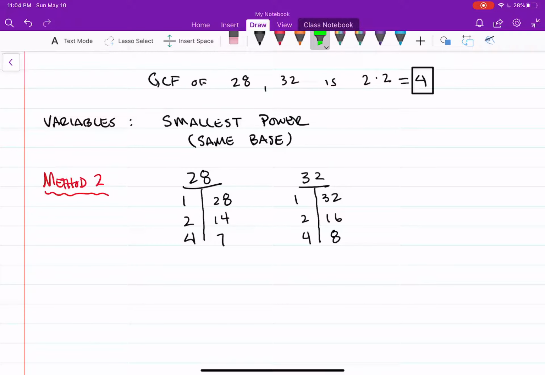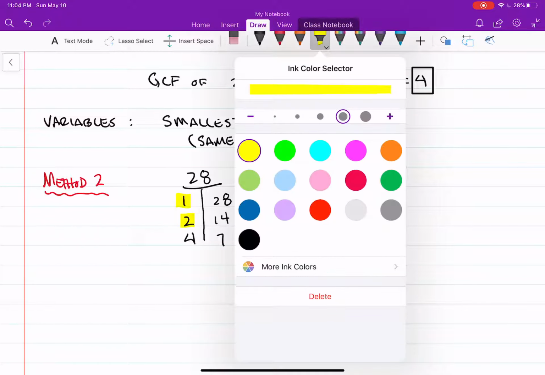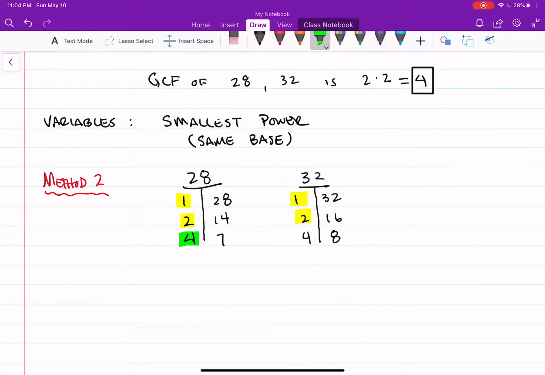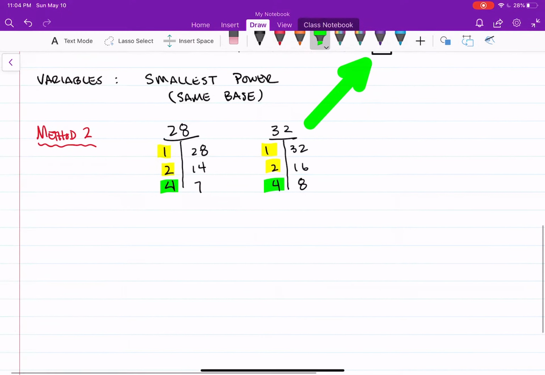Obviously, 1 is common, 2 is common. However, the 4 is the largest, right? The greatest common factor, all right? So that's why, again, the GCF is going to be 4, okay? Oh, that's a really big arrow.